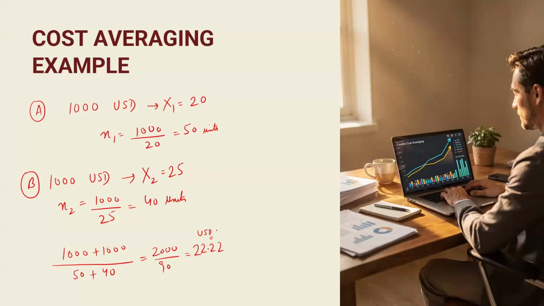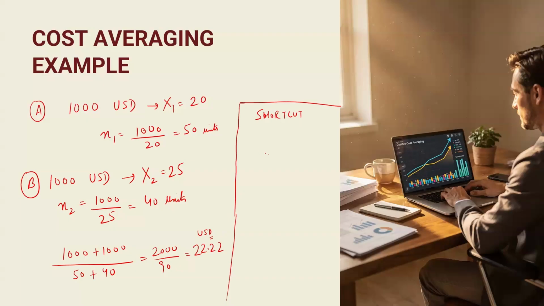Now, instead of calculating the quantities every time, you can apply a shortcut using the harmonic mean idea. Because we are investing the same amount of money each time, the average price will be simply the harmonic mean of the individual prices.